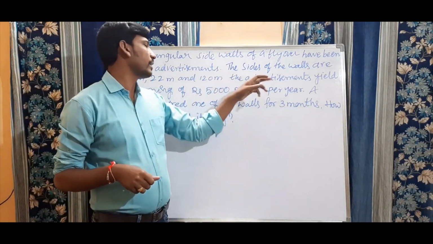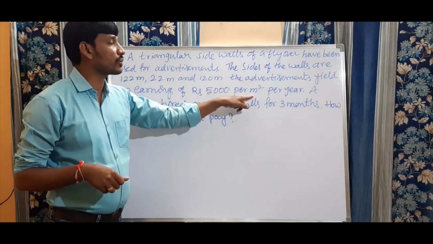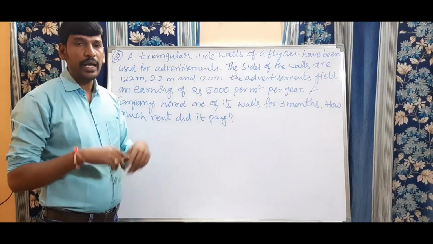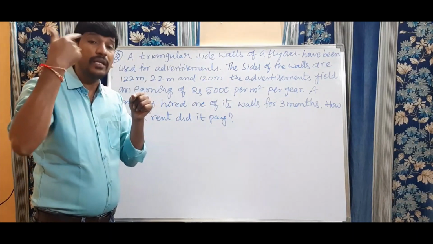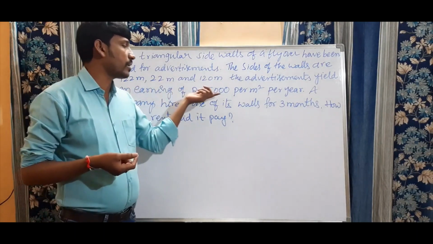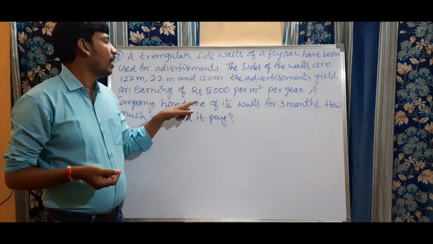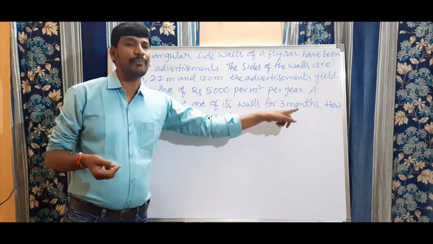Now the advertisements yield an earning of rupees 5,000 per meter square per year. Okay, per meter square per year, the earning is 5,000 rupees. Now a company hired one of its walls for 3 months.